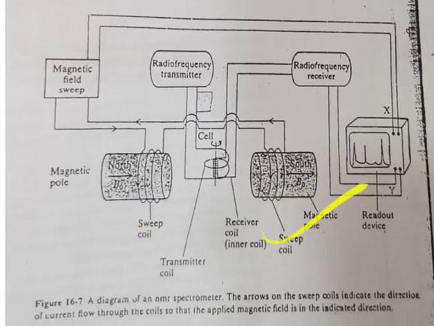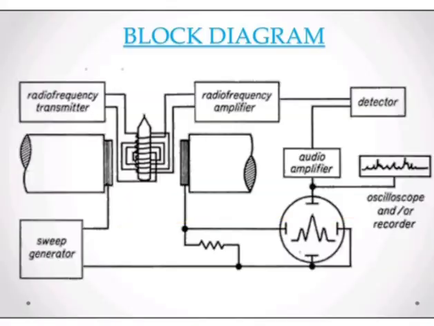This diagram is from our book and this is from the net. Here our sample is kept inside the probe. A magnetic field is applied in the form of coils, as I said, nowadays. And with the magnetic field there is a radio frequency light emitter. This light can be absorbed by the sample molecules. Then these electrons or protons go to the excited state.